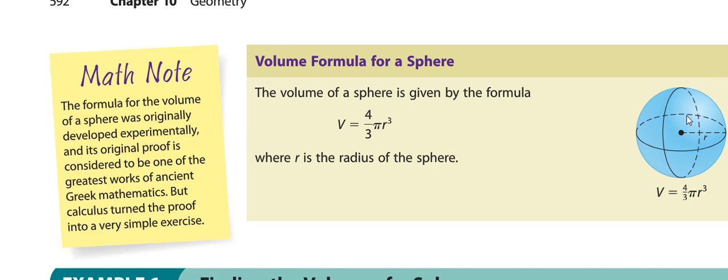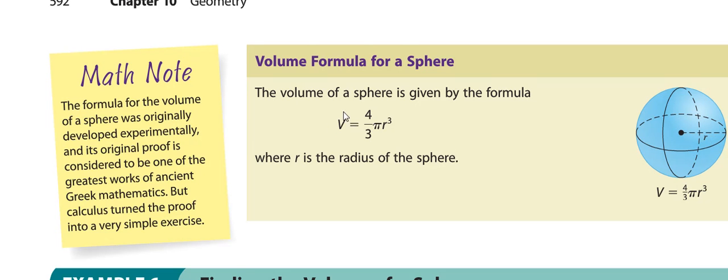A sphere is shaped like a ball, shaped like a basketball, or shaped like an orange. That's what a sphere is shaped like. And the only thing you have to know about the sphere in order to find the volume is the radius.